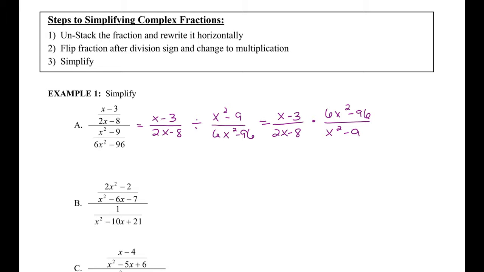Then I'm going to go through each part and see if I can factor it. So the first numerator I cannot factor, so I'm going to leave it as x minus 3. The first denominator has the greatest common factor of 2, so I'm going to pull that out. The second numerator I can pull out a 6, which leaves me with x squared minus 16.